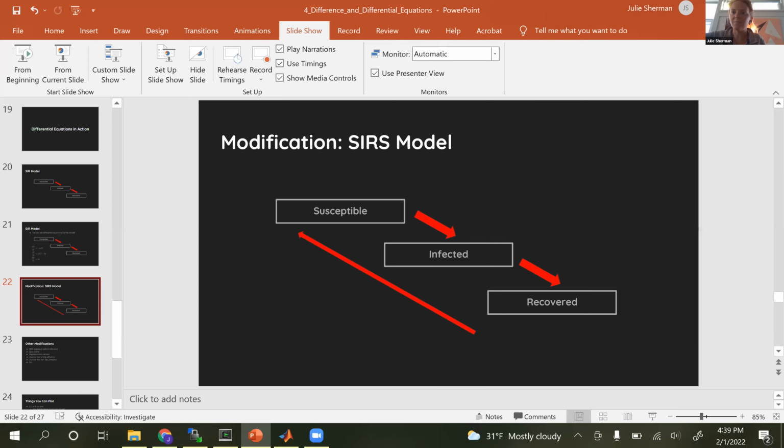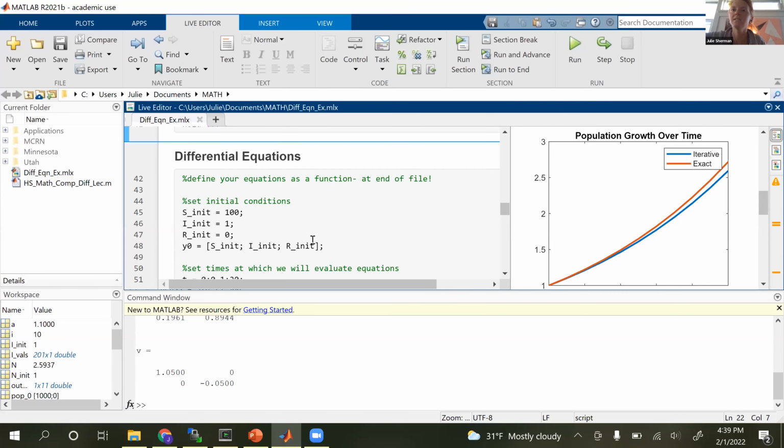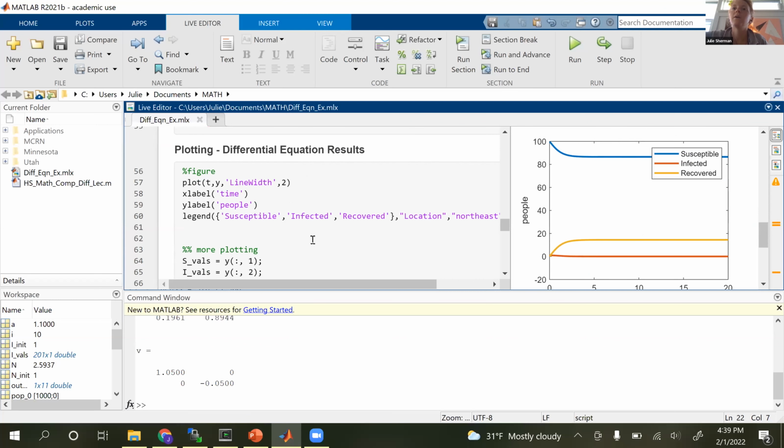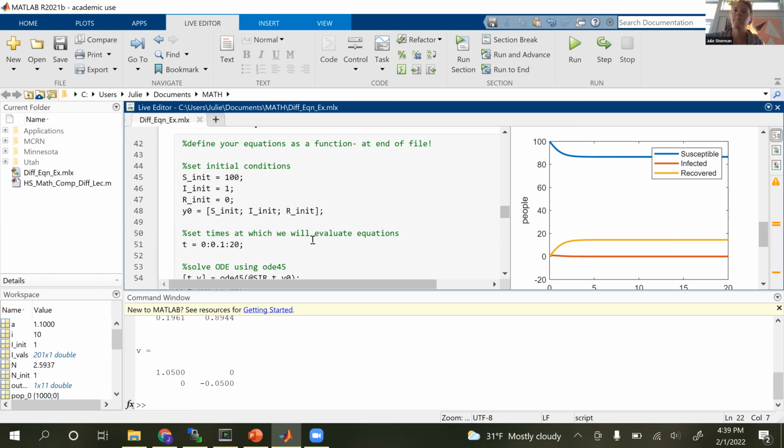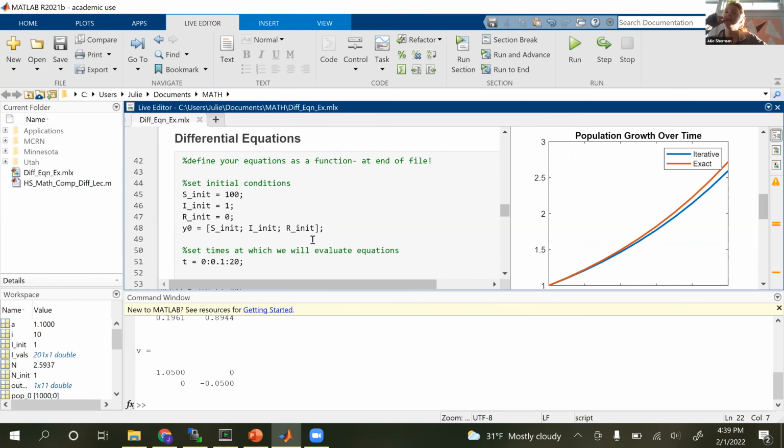One more MATLAB example. So what we are going to look at here now is, I went too far, the SIR model. What's important in MATLAB is that when you have functions to give to a certain method, in this case we're using ODE45, the functions are defined at the end of your file.